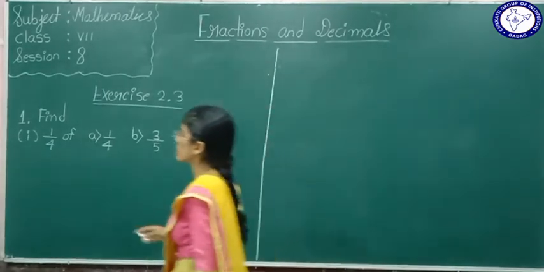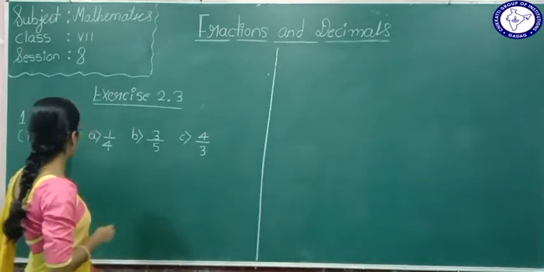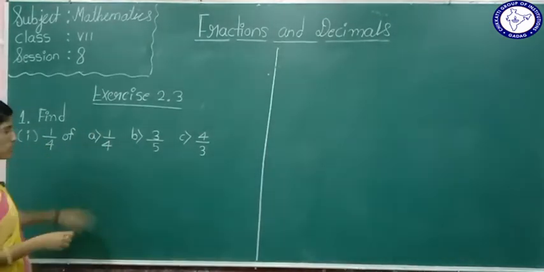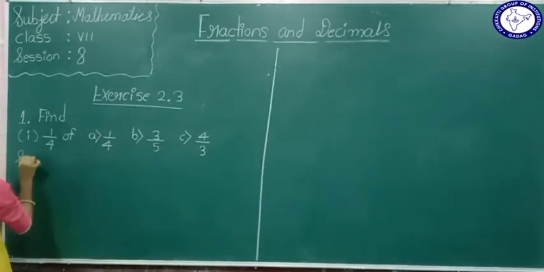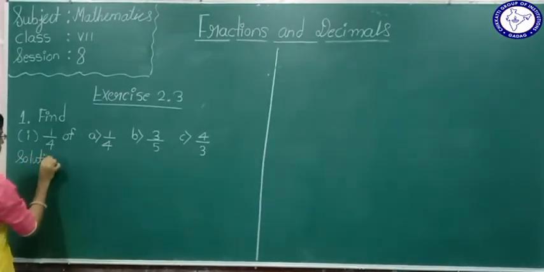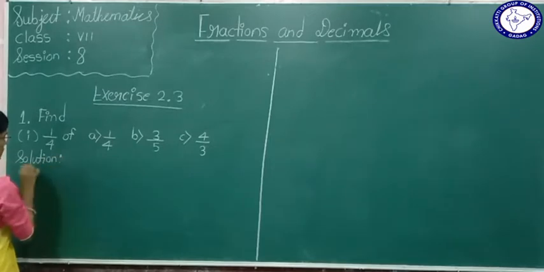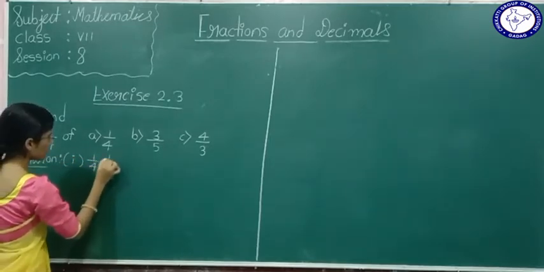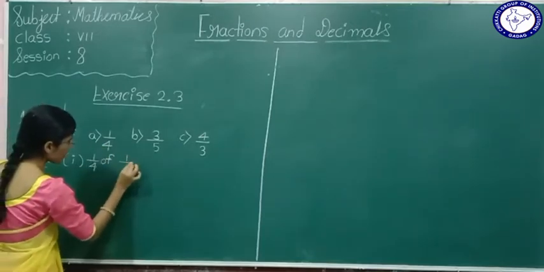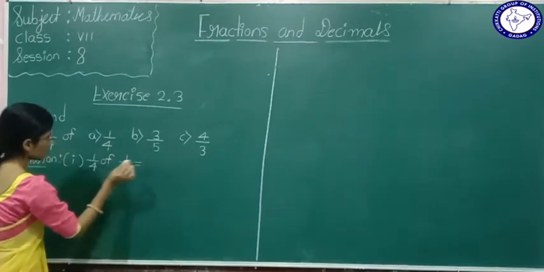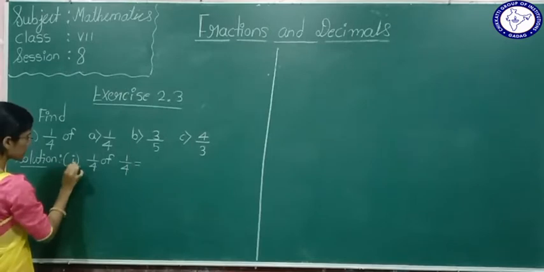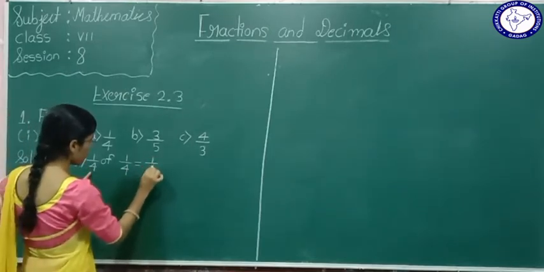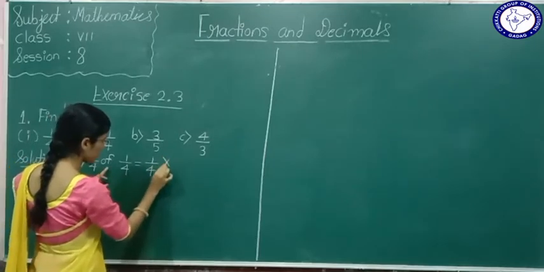Now see here, in the first main they have given: find 1 by 4 of 1 by 4. See the solution, how to do. First one, 1 by 4 of 1 by 4. This is the first one, A. Now see, 1 by 4 of means multiplication.